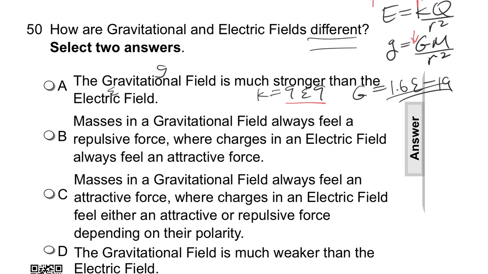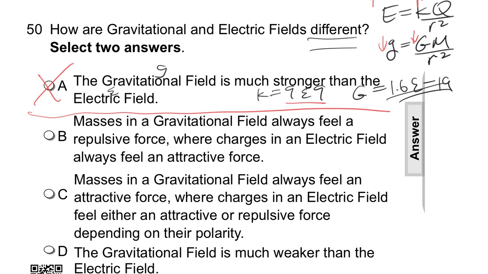This makes the electric field for a Coulomb much, much bigger than the gravitational field around a kilogram. So we can say A is false.